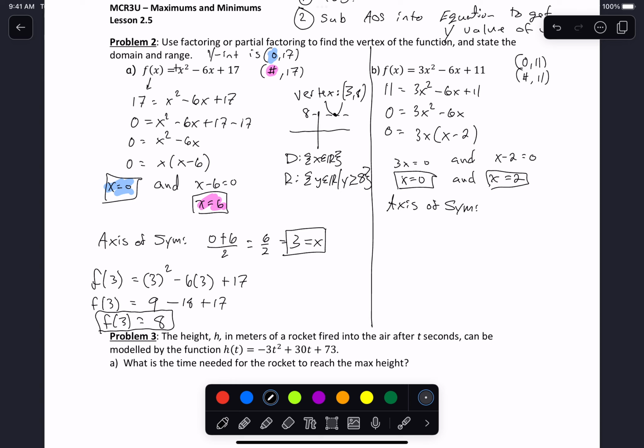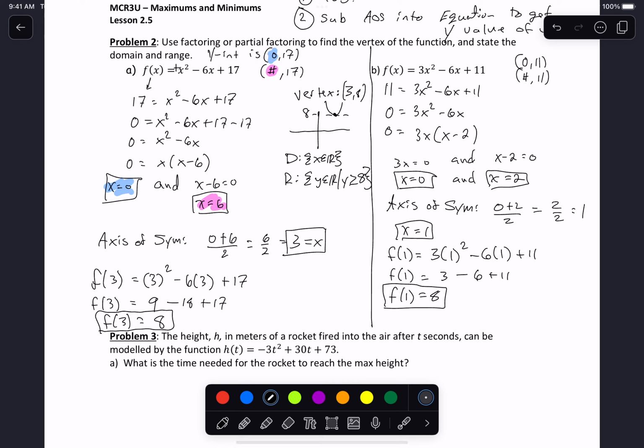This is a nice alternative. Okay, so the vertex is (1, 8).